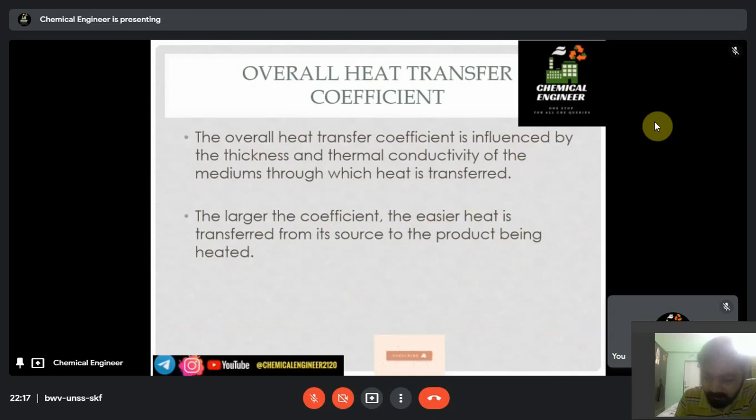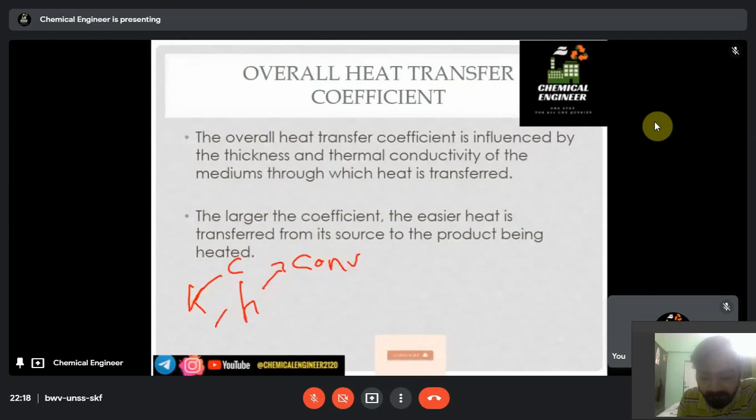Okay, so you should know by this slide what the heat transfer coefficient is. Now let us see what it signifies. The overall heat transfer coefficient depends on the values of K, that is the thermal conductivity, and the value of H, which accounts for the convective heat transfer. So this is conduction and this is convection. Okay, so these two values influence it, and from these two values we generally find the overall heat transfer.